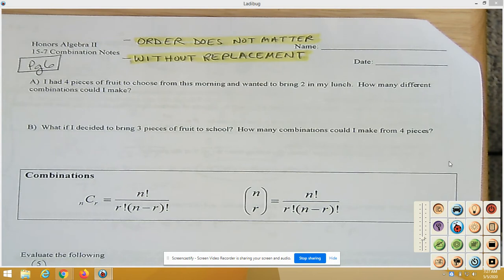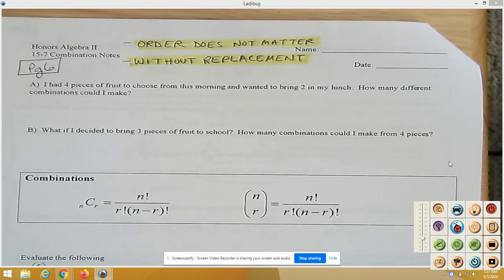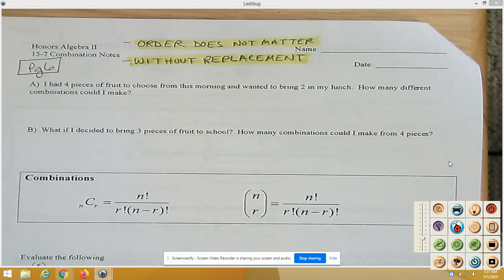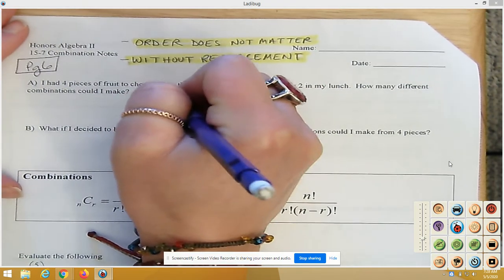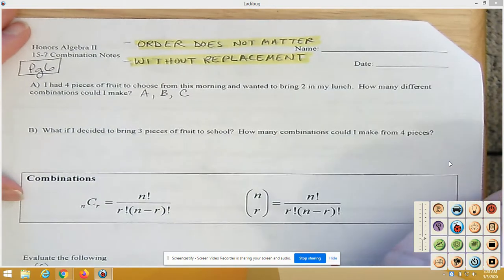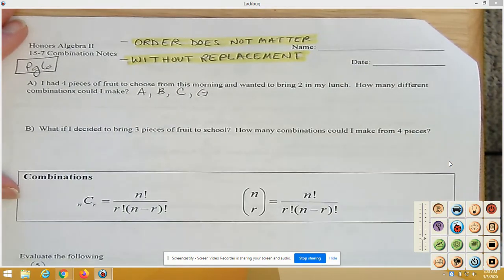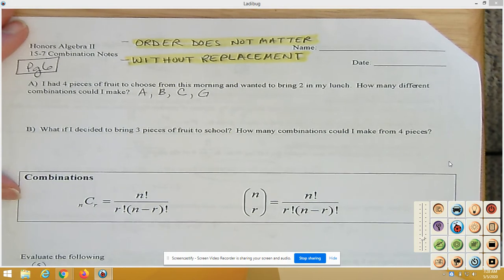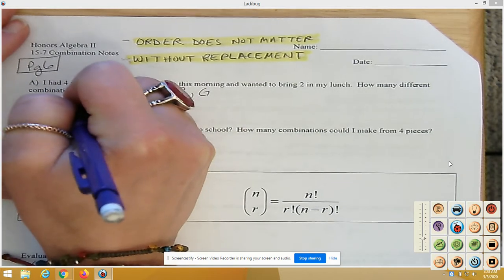So for letter A, I had 4 pieces of fruit to choose from this morning, and I wanted to bring 2 in my lunch. How many different combinations could I make? So let's do an apple, a banana, a cantaloupe, and grapes. If you're just choosing 2 at a time, you could do the apple and banana.